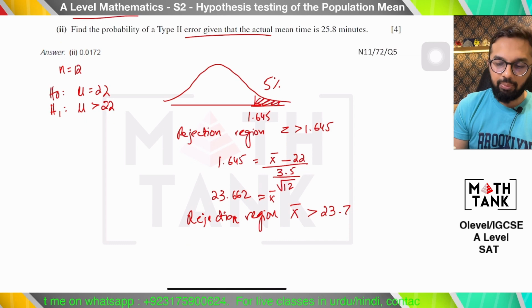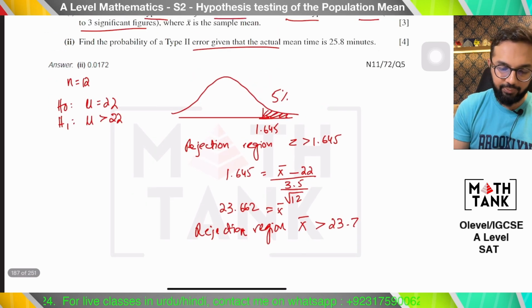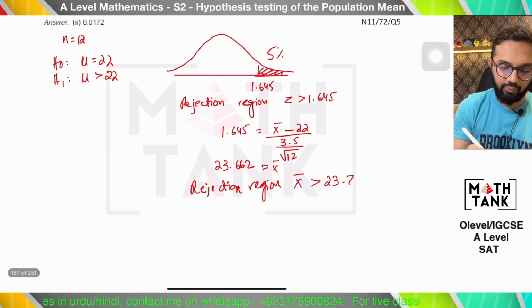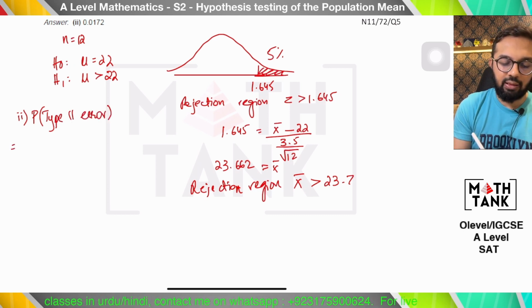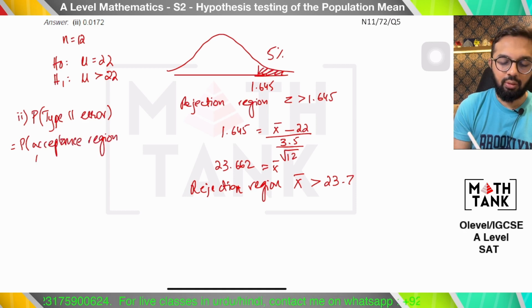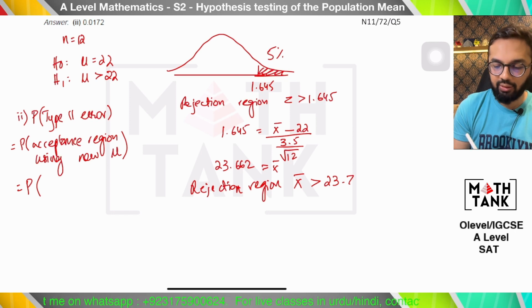Find the probability of a type 2 error given that the actual mean is 25.8. So the probability of a type 2 error is basically the probability of the acceptance region using the new mu. So the acceptance region is now x bar less than 23.7.